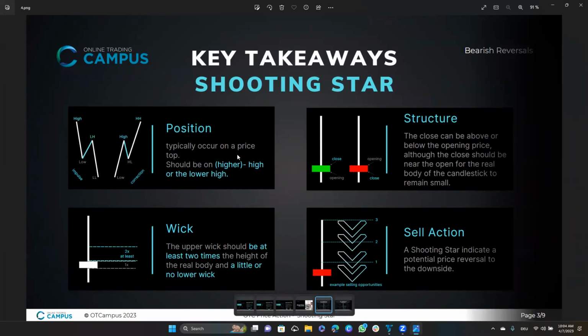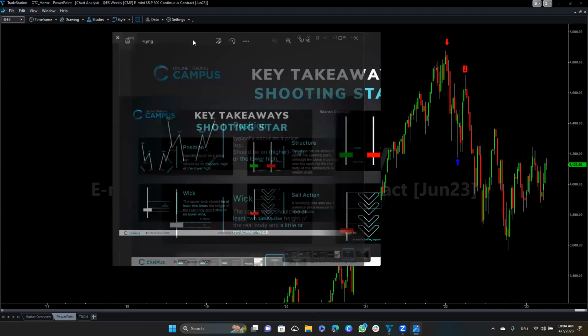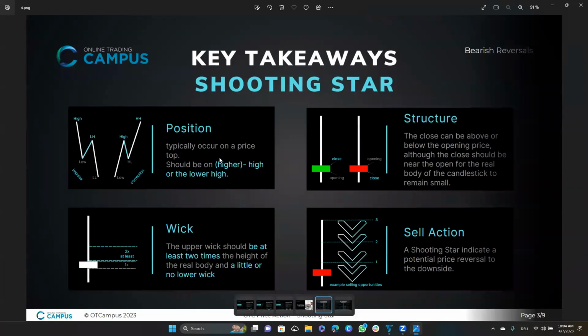Typically occurs at the price top. Yes, this is a price top here. And then it should be on a higher high or a lower high. And we have found our shooting star in the lower high position. That means it's possible for us to trade the impulse, correct?